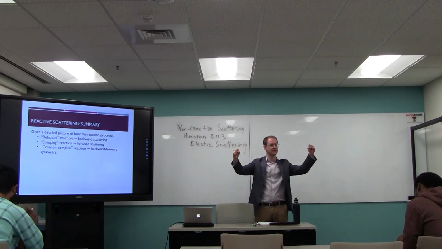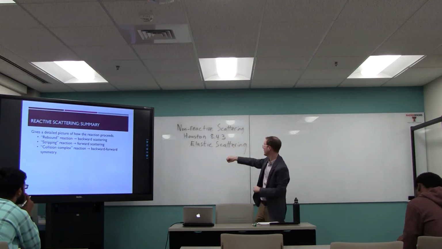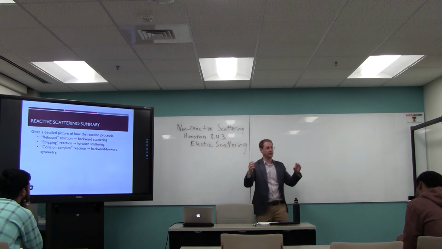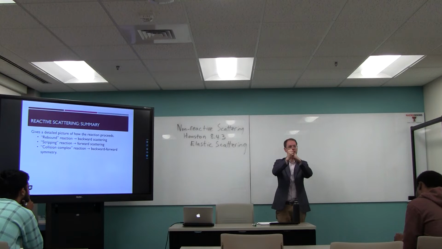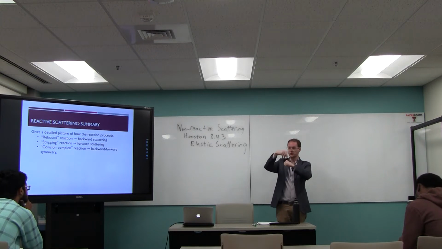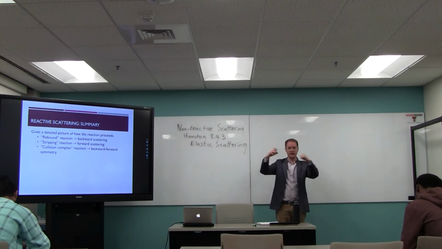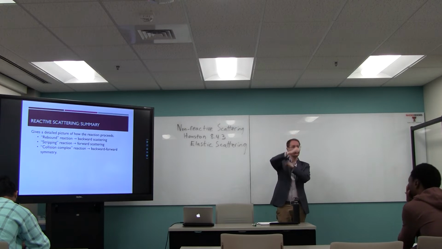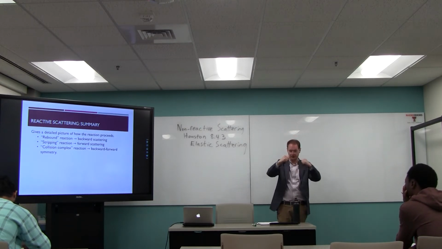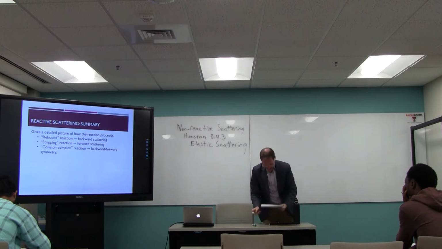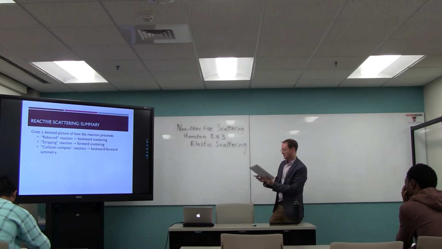So the final masses and the initial masses are the same when you have non-reactive scattering. But in the case of elastic scattering, also you do not have any excitation of internal degrees of freedom, so that the final translational energy equals the initial translational energy. You end up in the same internal states that you started with.